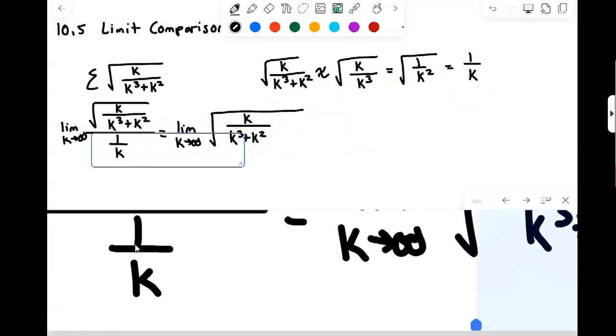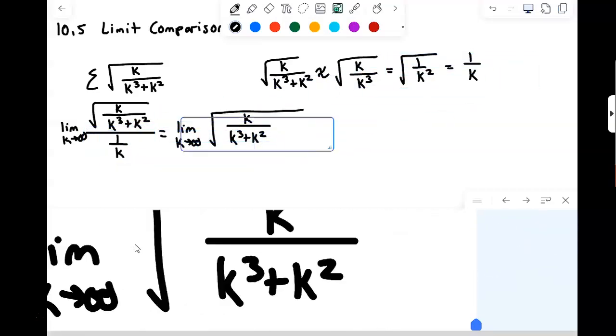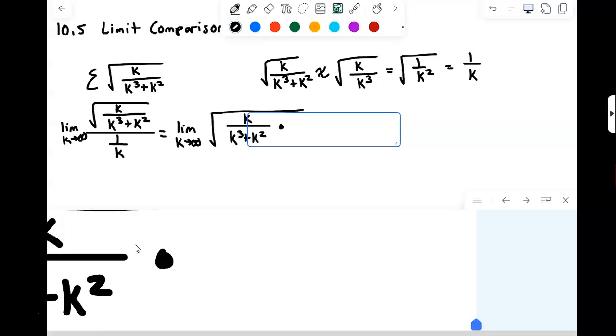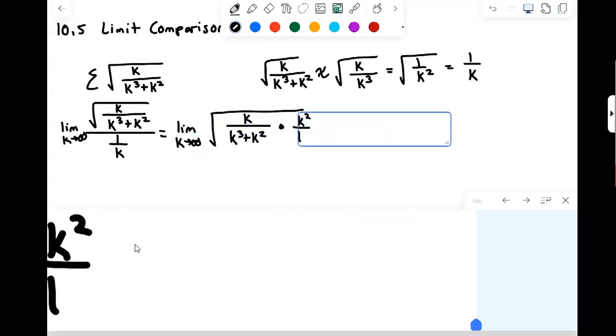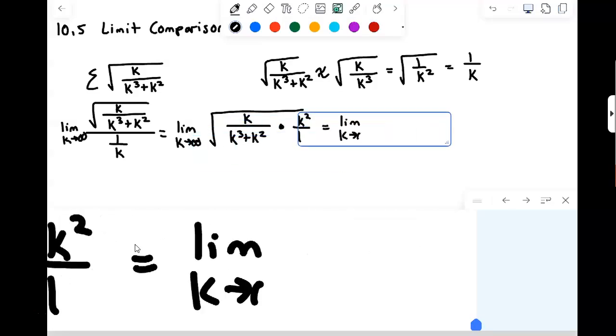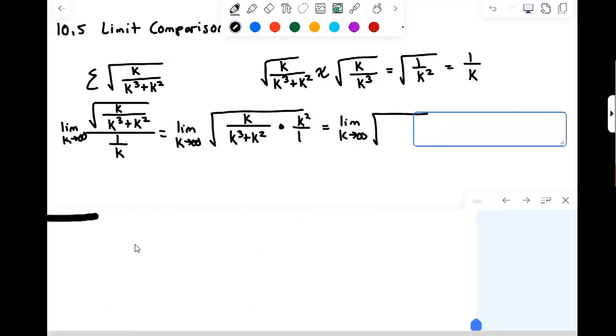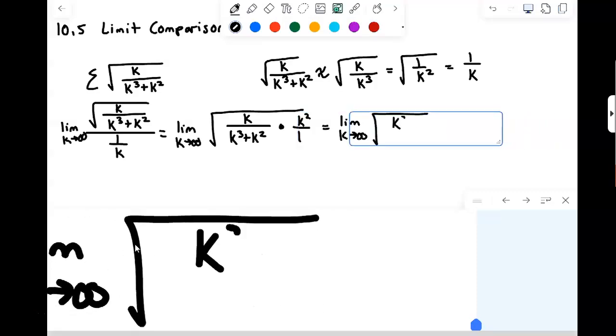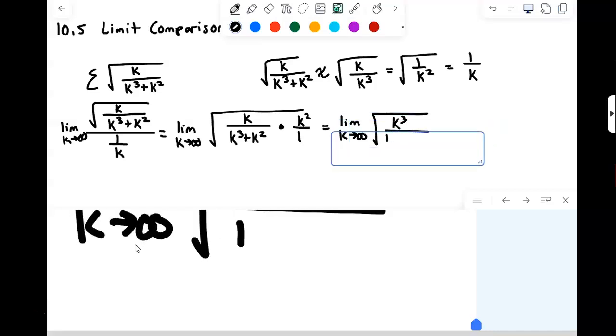And then 1 over k is the same as 1 over k squared, but now it's being divided, so we would multiply by its reciprocal, k squared over 1. So now we have a limit as k goes to infinity of the square root of k cubed over k cubed plus k squared.